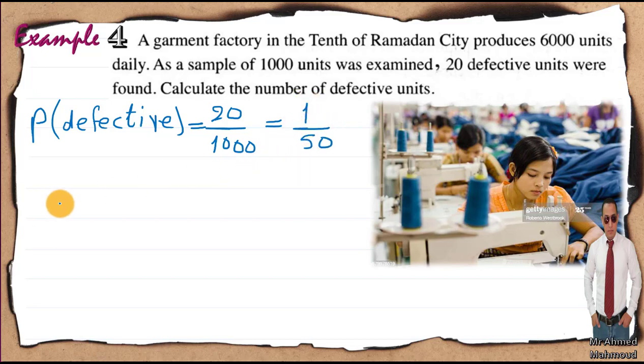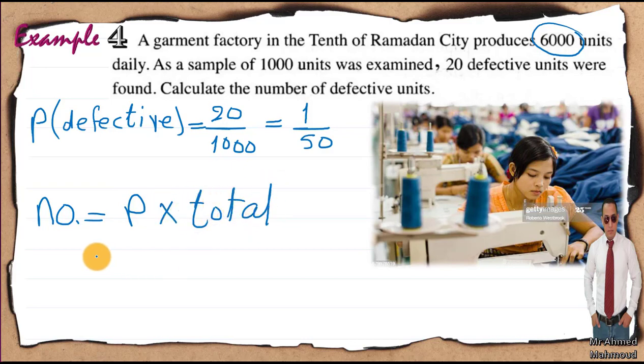Now I need to evaluate the total number of defective from the 6,000. The number equals probability times total. So it equals 1 over 50 times 6,000 equals 120 units.